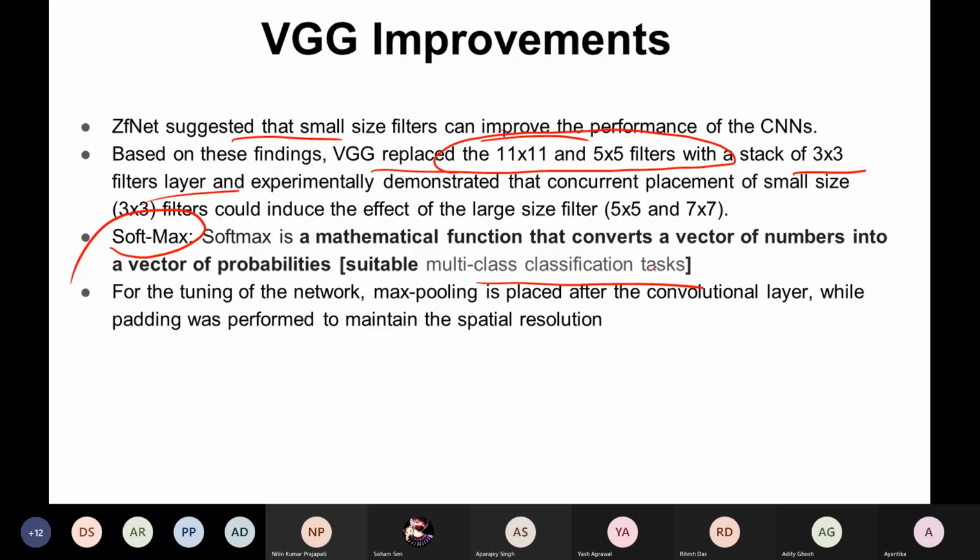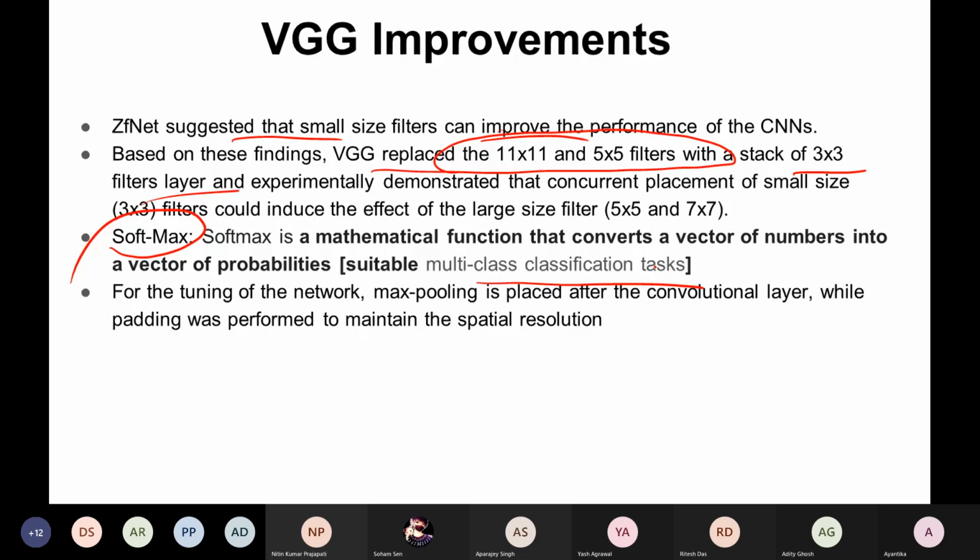You can think of softmax as a mathematical function that converts a vector of numbers into a vector of probabilities. That means VGG is suitable when we are thinking of multi-class problems.